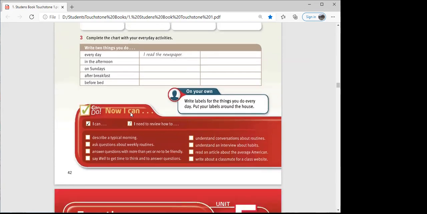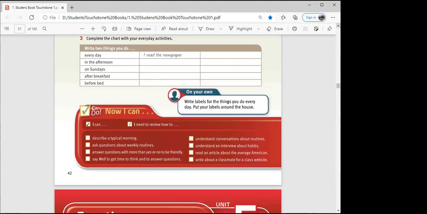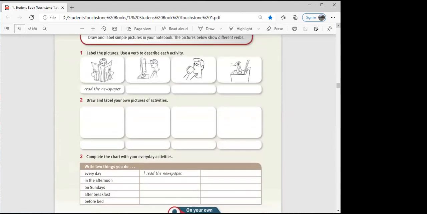Now, here, the newspaper, you can review the unit. Lo que se hace cada unidad. I need to review how to, you need to check or to put an exclamation mark. Recuerden que tienen que dominar bien cada tema de la unidad, porque obviamente todo viene en el examen.